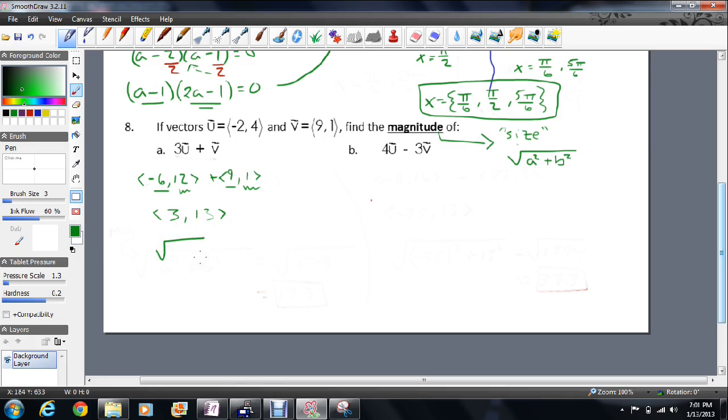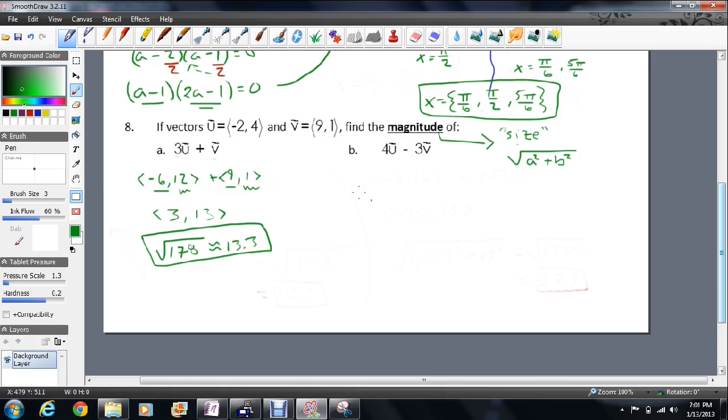We'll probably do this in our head. 3 squared is 9. 13 squared is 169. If I put those together, I get 178. And that comes out to approximately 13.3. Okay, so either the exact answer or you can leave it as a decimal.